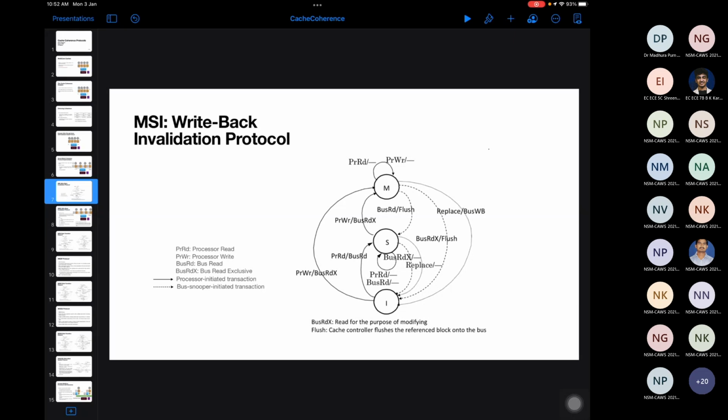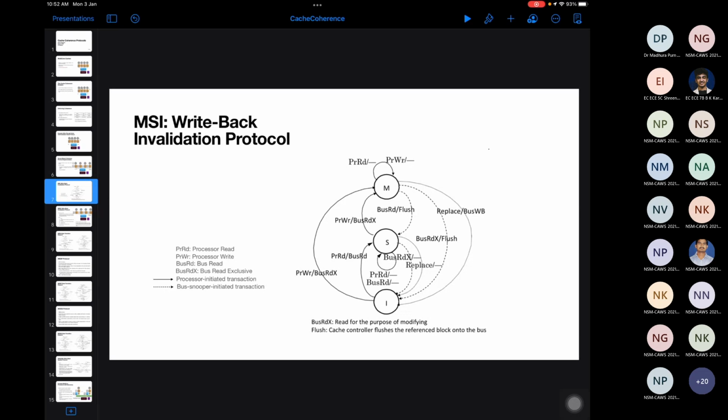And when there is a processor write operation, the end state of this block is going to be from I to M. So for processor read it is an I to S transition, whereas for write it is I to M. Now, let us say core 1 performs a read operation and initiates a bus read signal, and core 2 has the data in a modified state.